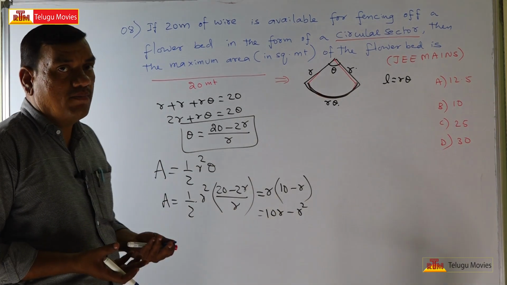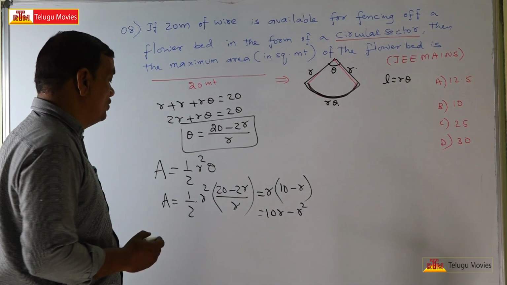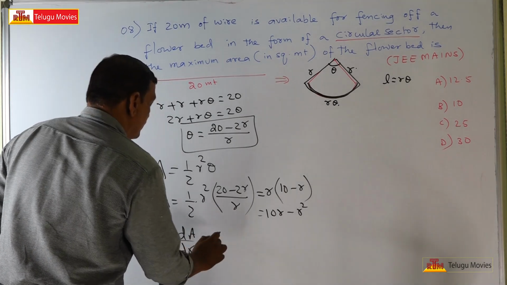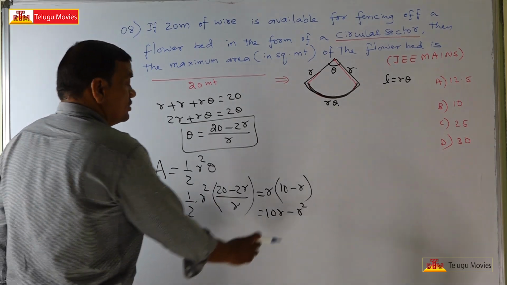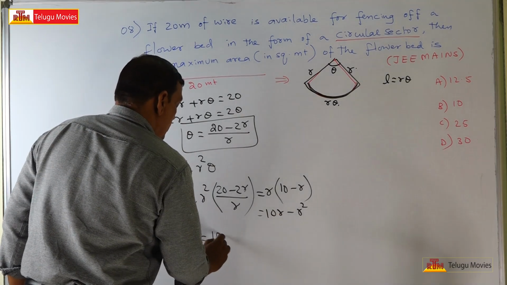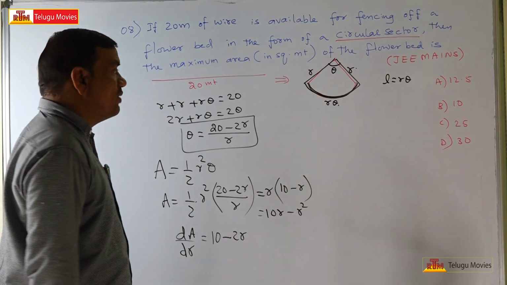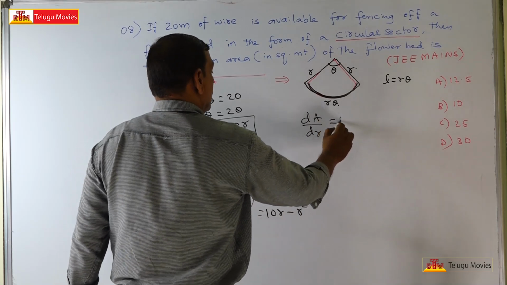This should be maximized. For a maxima or minima, the first derivative should be equal to 0. What is the first derivative? dA by dr, differentiating with respect to r on both sides. The derivative of 10r is 10, and of r square is 2r. So for maxima or minima, dA by dr is equal to 0.